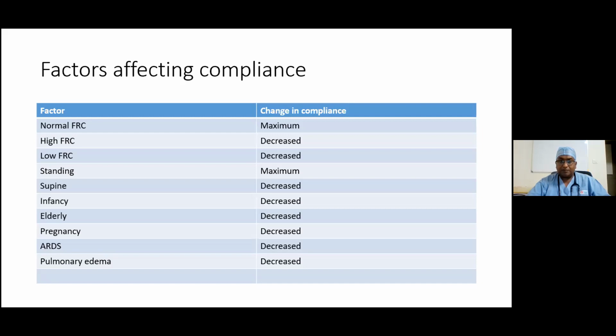Those who are singers would know, standing, you will be able to sing very high notes very easily, but at the same time, if you attempt singing in a lying down position, you won't be able to reach those high notes. The compliance decreases. In supine, in infancy, in elderly, in pregnancy, in disease conditions like ARDS or pulmonary edema, the compliance decreases.